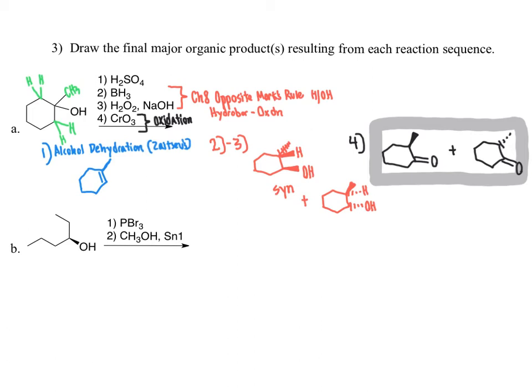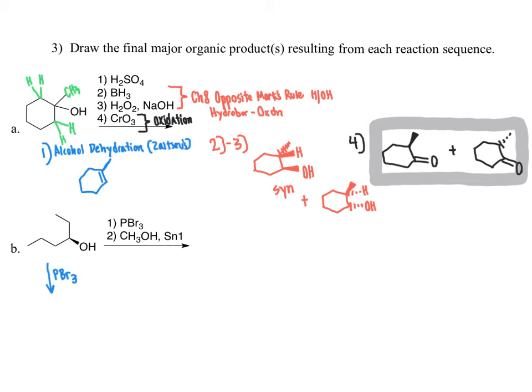So in the next problem, we are reacting phosphorus tribromide, PBr3, with our alcohol as the first step of this reaction. And what's going to happen in the PBr3 reaction, which you can find the mechanism for in our chapter 11 material, is that you are going to create a situation where we will set up the reaction for an SN2 type process, where the leaving group will be leaving as a bromide is coming in.